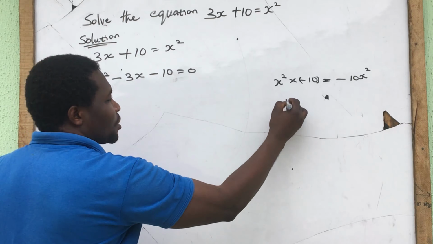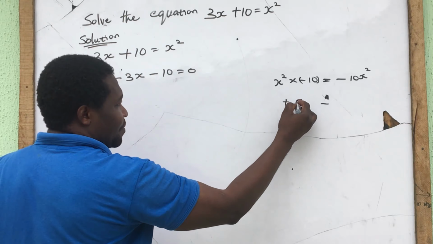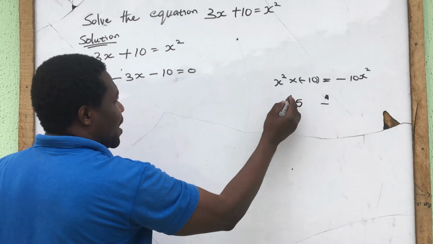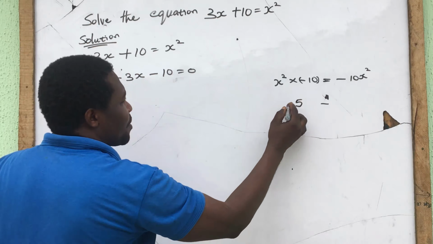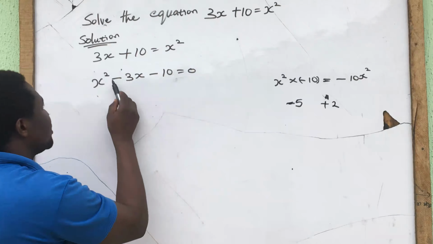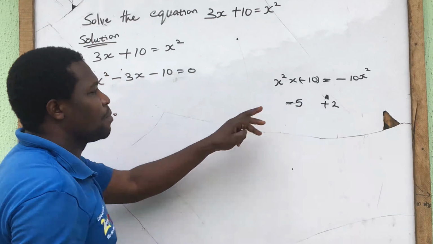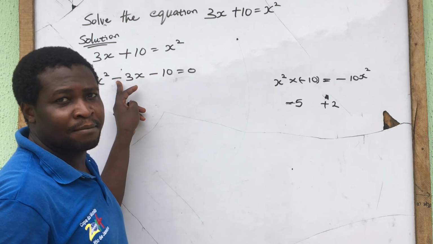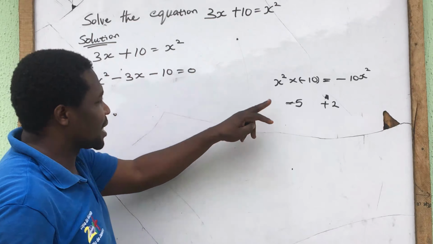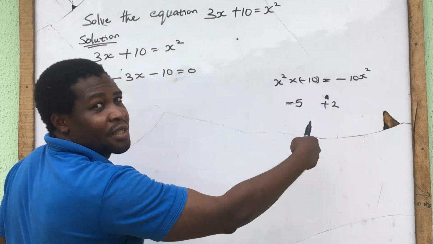So plus and minus. And when you look at 10, that is 5 and 2. So therefore, minus 5 plus 2. Why? Because the sign here is minus. So the bigger factor will be the one that carries this sign, while the smaller will take the other sign.